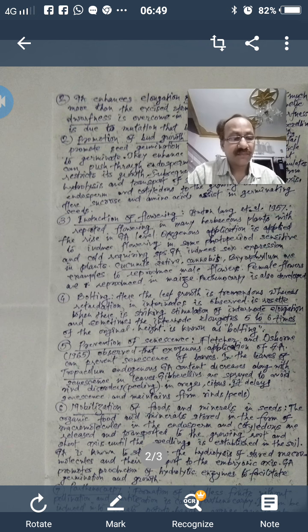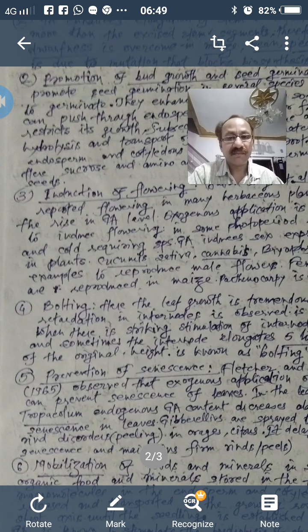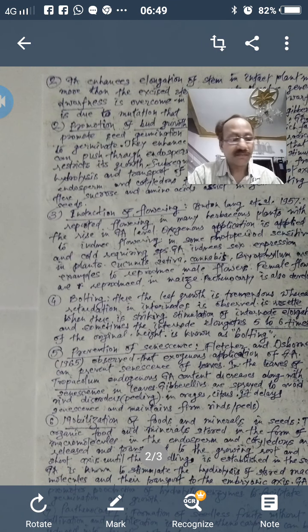Fourth, induction of flowering. Lang et al. in 1957 reported flowering in many herbaceous plants with the rise of GA level. Exogenous application of GA is used to induce flowering in some photoperiod sensitive and cold requiring species.